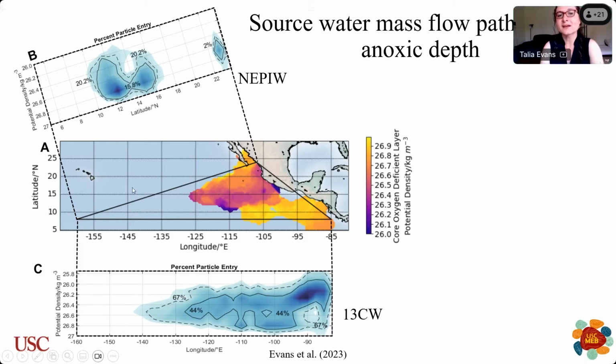So when this oxic water is injected into here, the ODZ, the oxygen deficient layer, has to be shallower, which is made of water from the 13CW, this 13 degrees Celsius water that's been moved all the way to anoxic up here. So the flow paths of these two water masses act as controls for the depth of the oxygen deficient layer, as I'll talk about later. The strength of the oxygen deficient zone. Does that make sense?